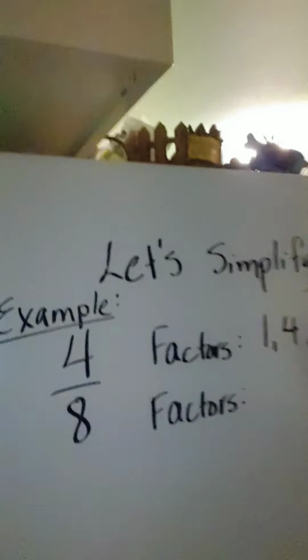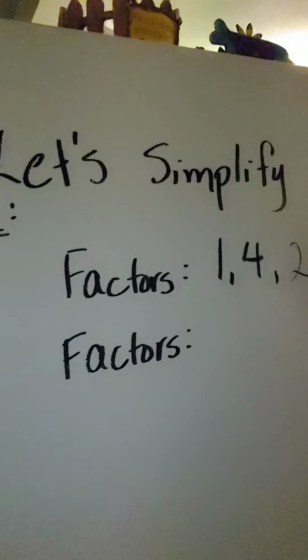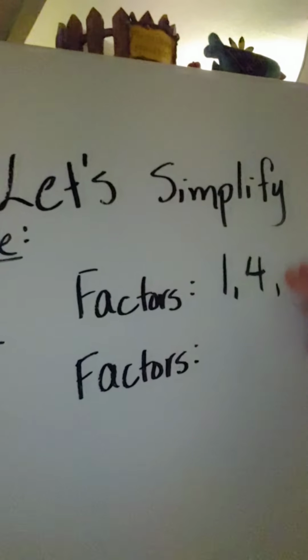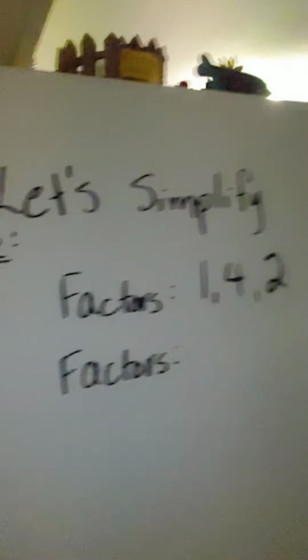So my next factor is going to be 2. Let me make that a little darker so we can see it. There you go. Can you think of any other numbers that we can multiply together to get 4? I think we're finished. I can't think of any more.